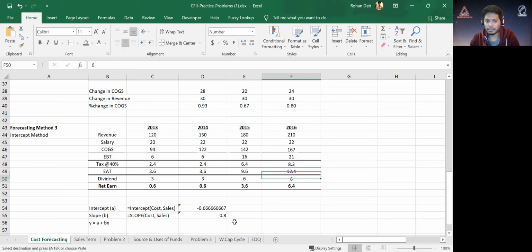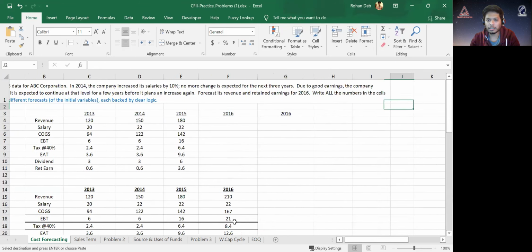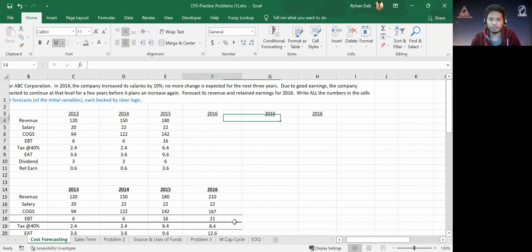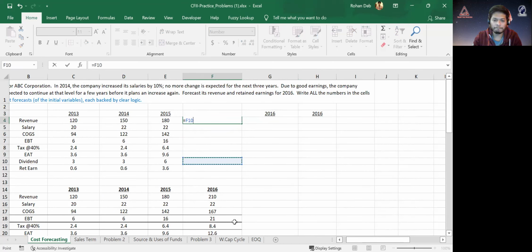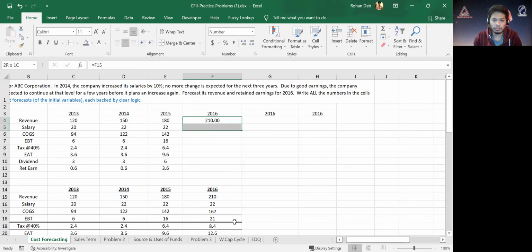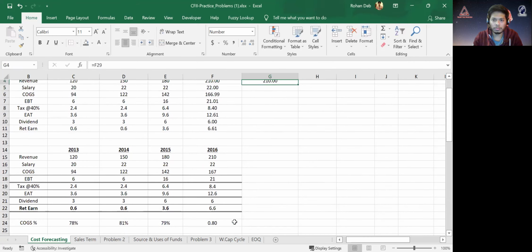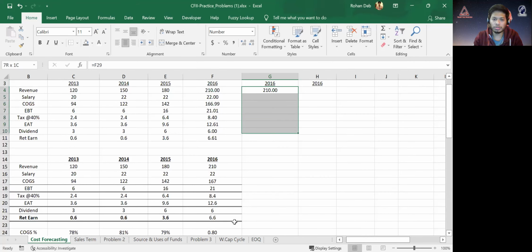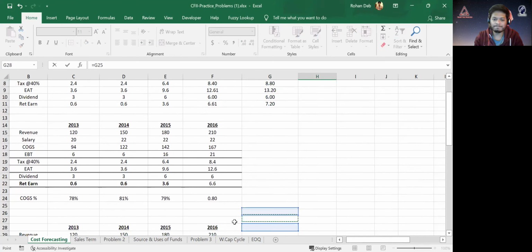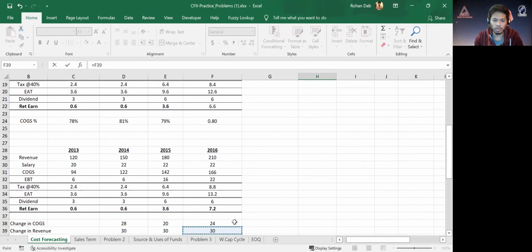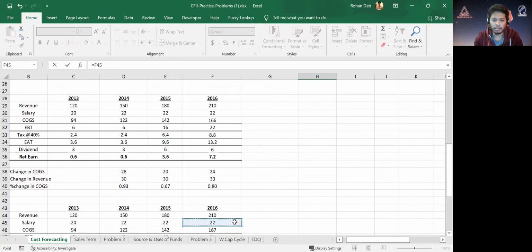The tax is 40% and dividend is 6. Using the 3 methods, here only 2 methods were asked, but if you use all the 3 methods, ideally you should show all the calculations and everything, but maybe you can do it in a shortcut manner during the exam and not show all the steps.